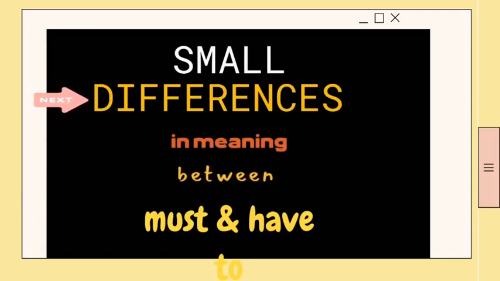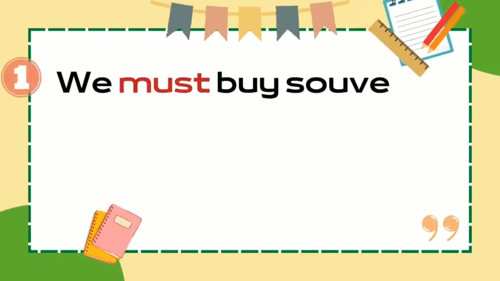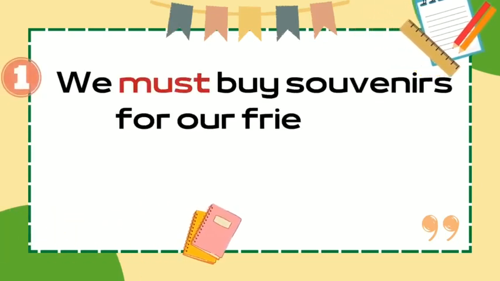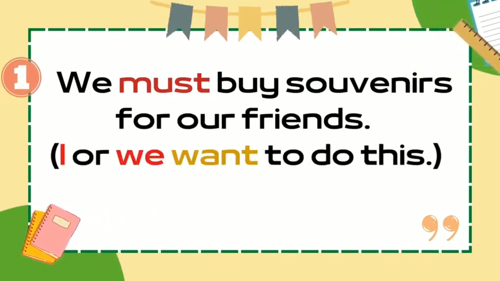Small differences in meaning between must and have to. Stay focused, please. Example 1. We must buy souvenirs for our friends. That means I or we want to do this.